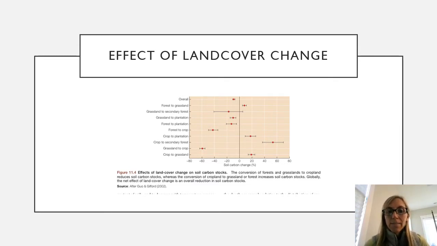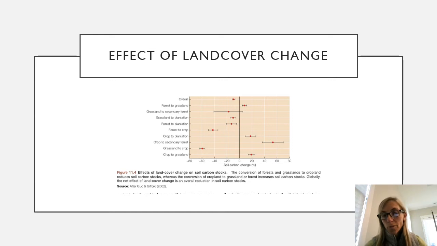The effect of land cover on carbon availability was, I thought, an interesting study to reflect on as well. It looks at the fact that soils, of course, hold most of the carbon in the carbon cycle, accounting for more carbon than can be found in the air or vegetation.